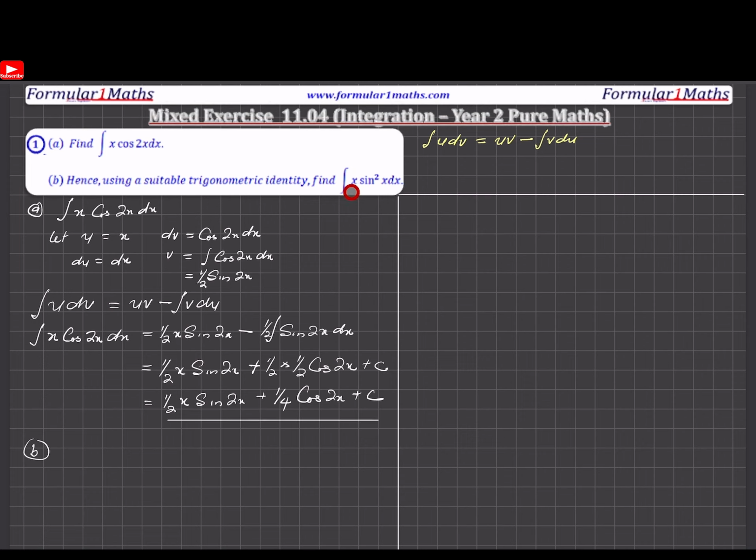So for B, we are told to find the integral of x sine squared x dx using a suitable trig identity. Now the trig identity I'm going to use will be cos 2x equals 1 minus 2 sine squared x. So from here, if I make 2 sine squared the subject, I will get 2 sine squared x equals 1 minus cos 2x.